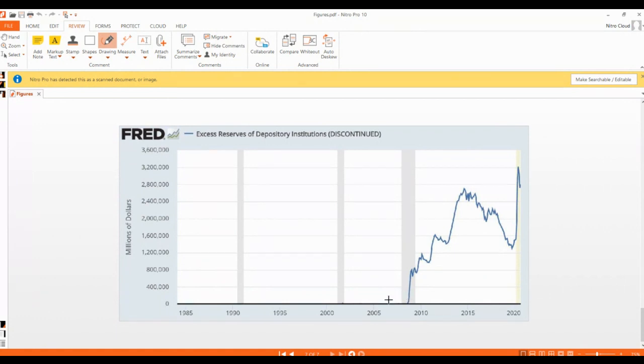It's costly to hold excess reserves because they're funds that you aren't lending to anyone. Then we hit 2008 and whew, again, off the charts. Banks are holding tons and tons of reserves. Then it comes down, and then 2020 comes along, and again, we're off the charts.